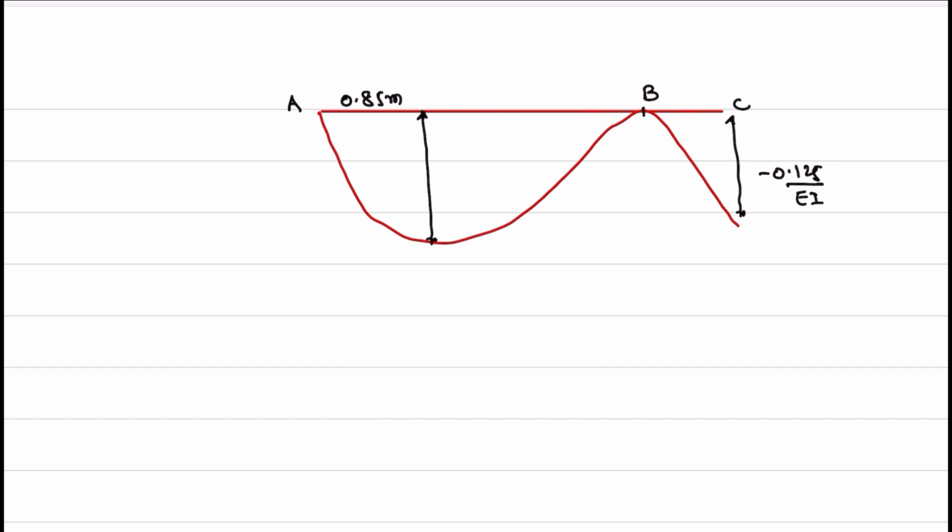This deflection will be maximum between A and B. The maximum value of deflection between A and B is minus 0.0867 by EI, and this distance is 2 meters and this distance is 1 meter.